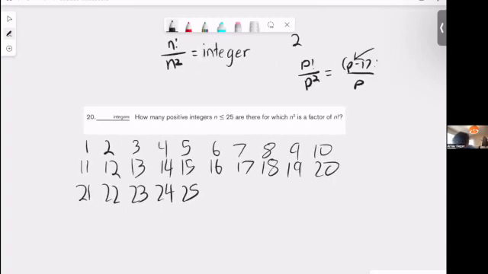So we can get rid of all the prime numbers in this list, which include 2, 3, 5, 7, 11, 13, 17, 19, 23, and that's it. So now we're left with all of these numbers.